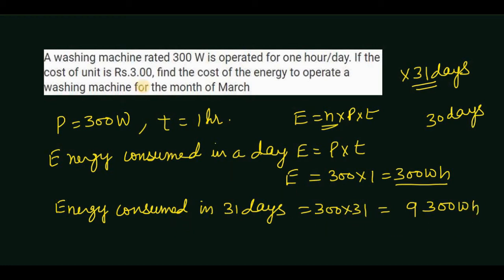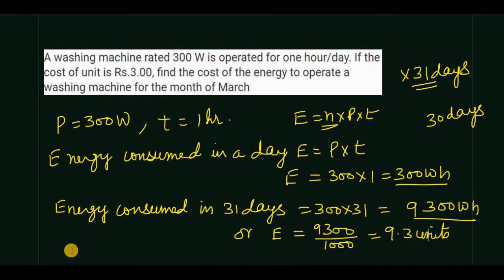Now, because the cost is given per unit and 1 unit means 1 kilowatt hour, we need to convert this into kilowatt hour. Energy consumed equals 9300, and to convert to kilowatt hour we divide it by 1000. It will come 9.3 units or kilowatt hour. So you write units also.